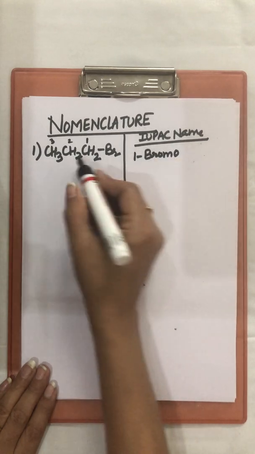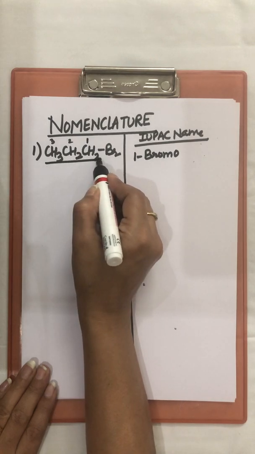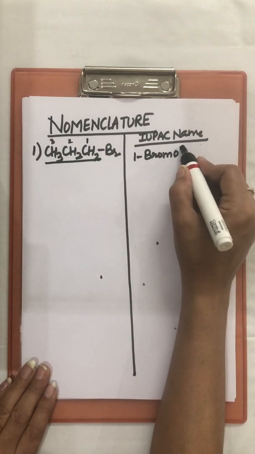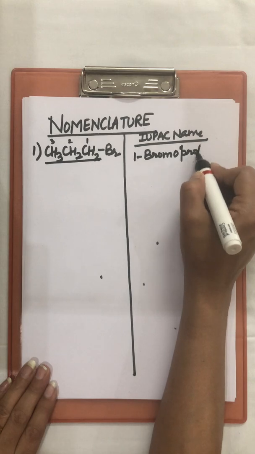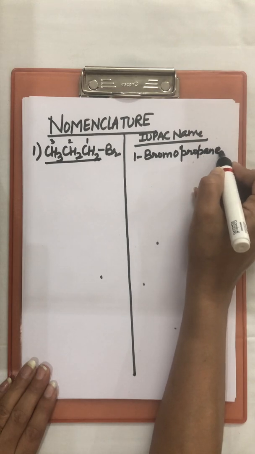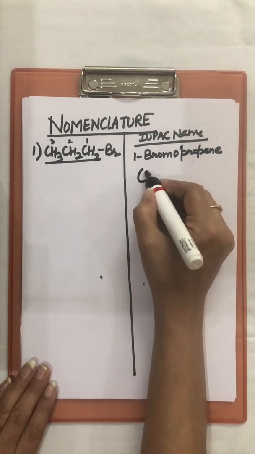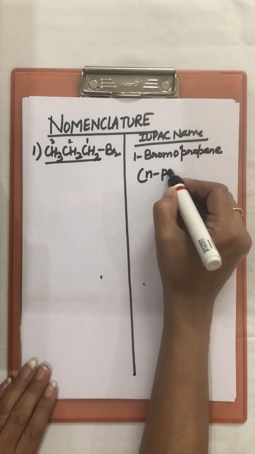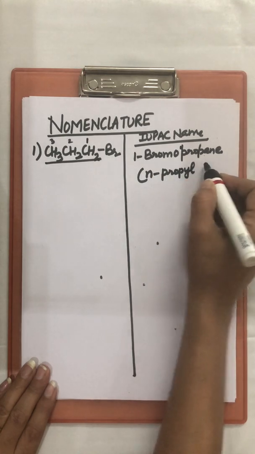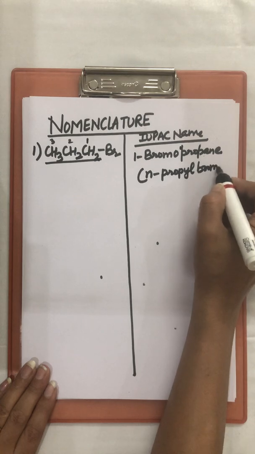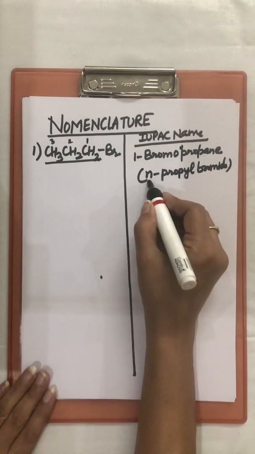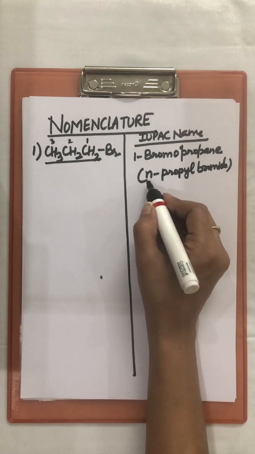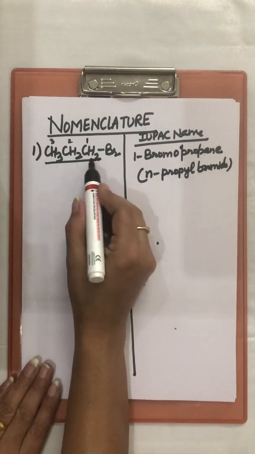This compound is called 1-bromo, and then how many carbon atoms in parent chain? 3. So this is called 1-bromopropane. And common name is N-propyl bromide. N is normal. Normal means all carbon atoms are in a straight chain.